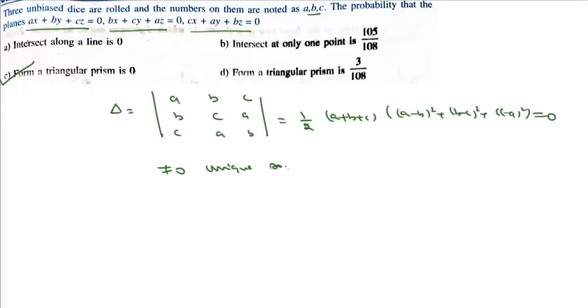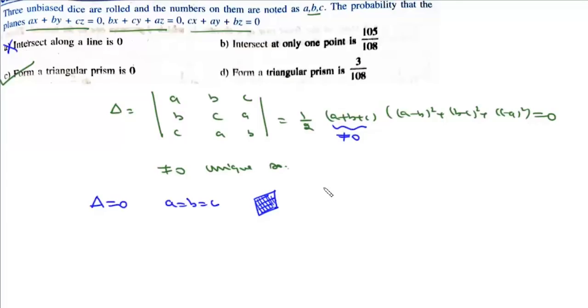Clearly A plus B plus C can never be 0. So this delta can only be 0 if and only if A equals B equals C. Now if A, B, C are all equal, all three planes represent the same plane, so in that case also they won't intersect in a line. All three planes will be identical planes. So option A is incorrect.